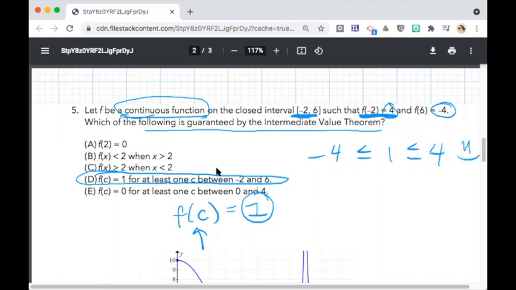So that 1 falls in between there, which means that by IVT, there exists one c on the interval from -2 to 6.